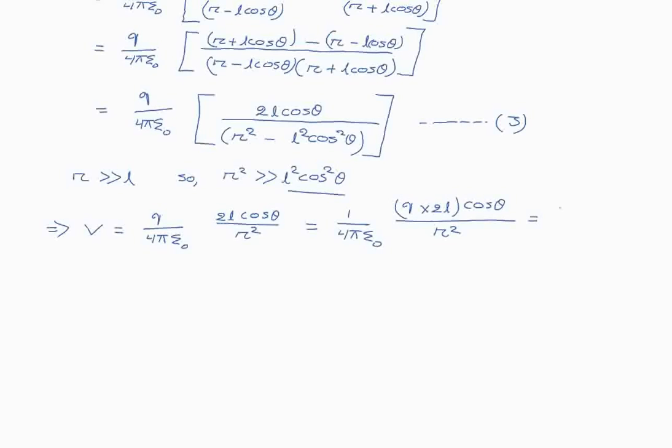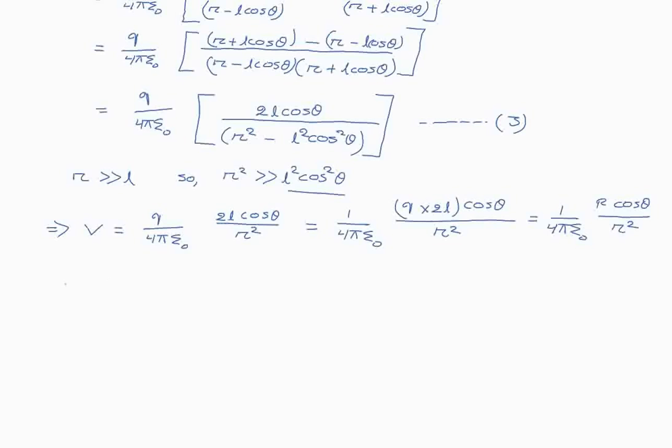So we can write this 1 by 4 pi epsilon naught, small p into cos theta divided by r square. This is the final expression.